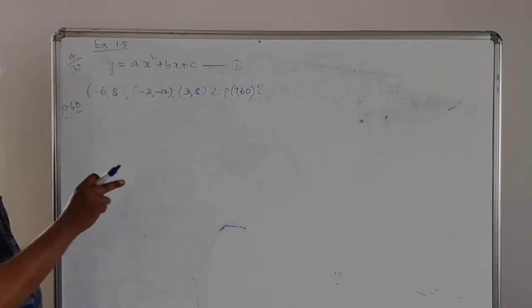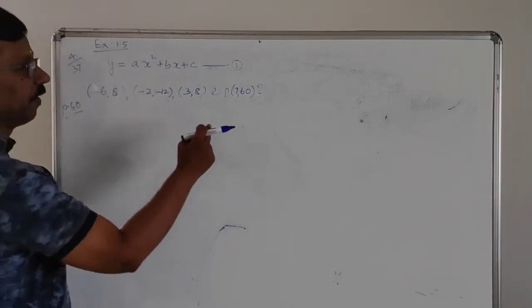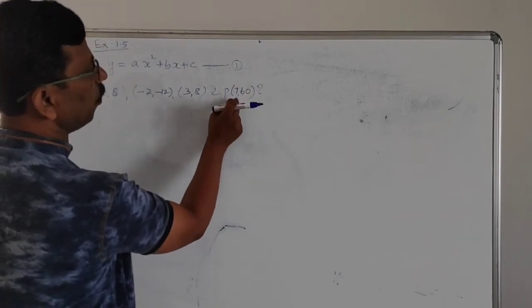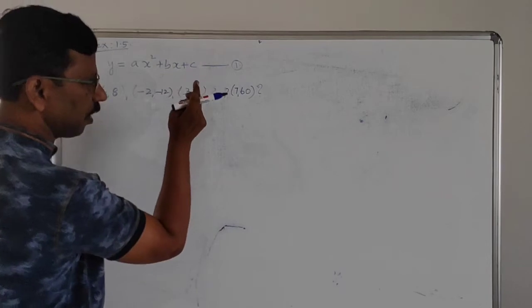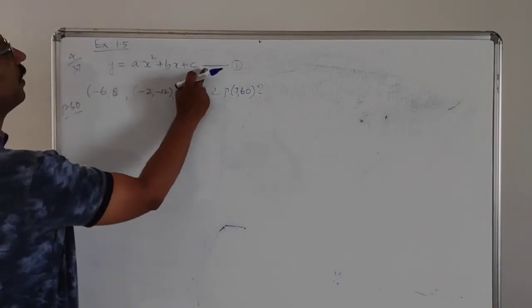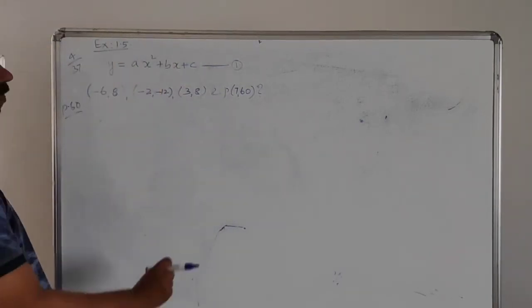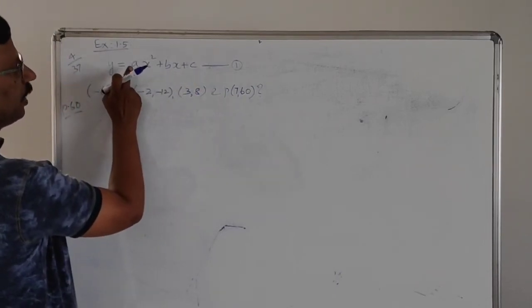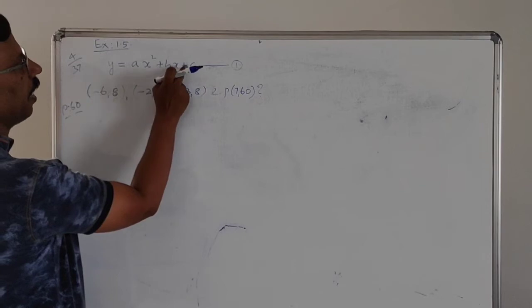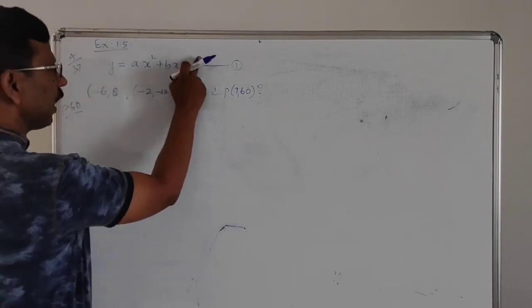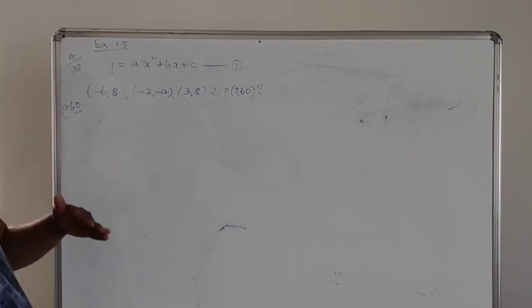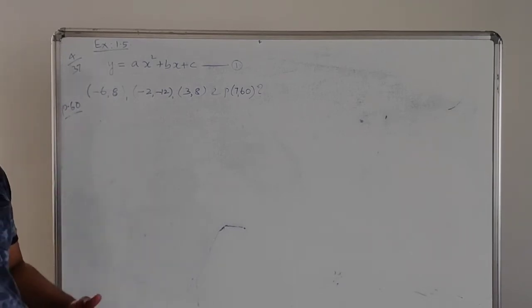Now we want to check whether he will meet the friend at P 7 comma 16, means we have to check whether this point 7 comma 16 is also satisfying this equation. Therefore, whenever you substitute this as x, this y, first of all you should know the scalars a, b and c. Therefore, first you have to find these three values like the previous problem. Therefore, first we can form the linear equations, then we can use the Gaussian elimination method.